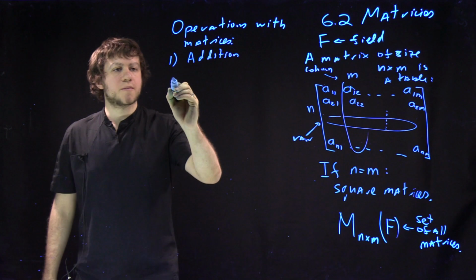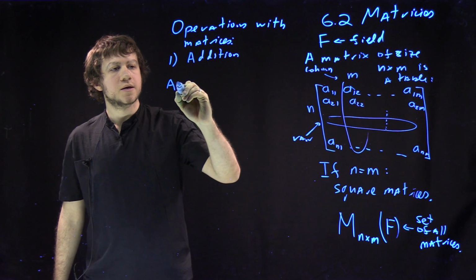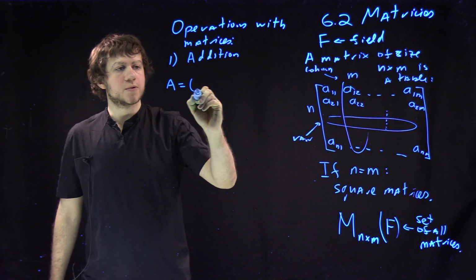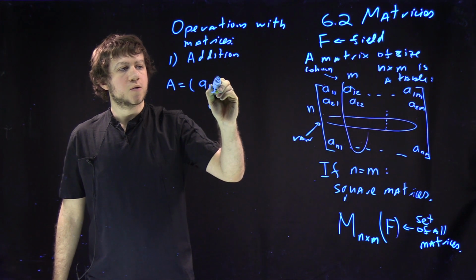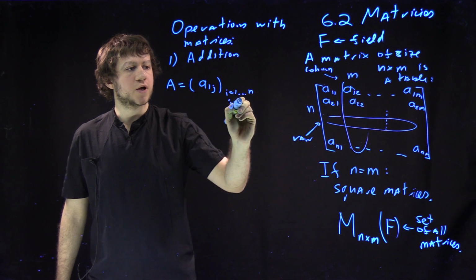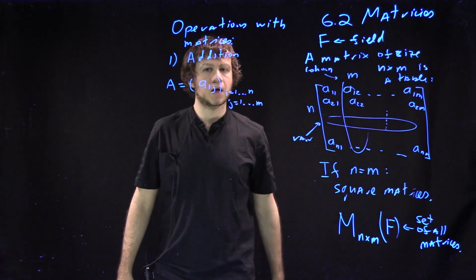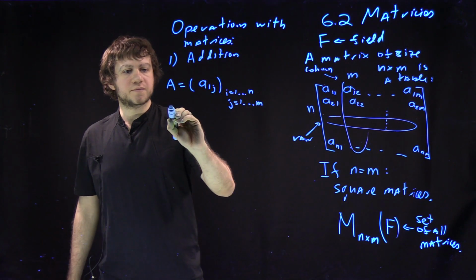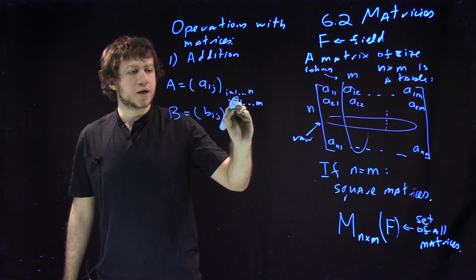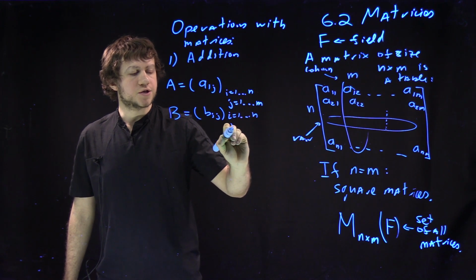Suppose you have a matrix A. If I want to write a matrix in a less huge way, I will say something like A_ij, where i is from 1 to n and j is from 1 to m. That's a way to write down this kind of matrix. And then I have B, which is B_ij, and necessarily of the same size. So i is also from 1 to n, and j is from 1 to m.